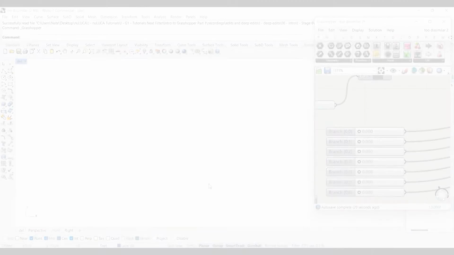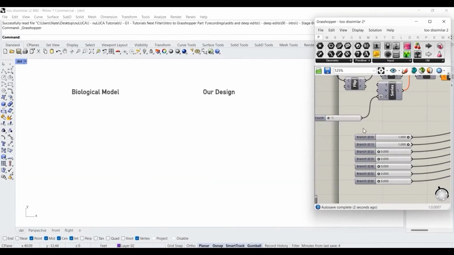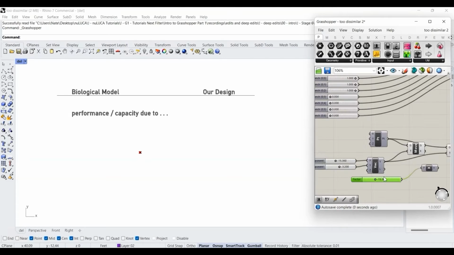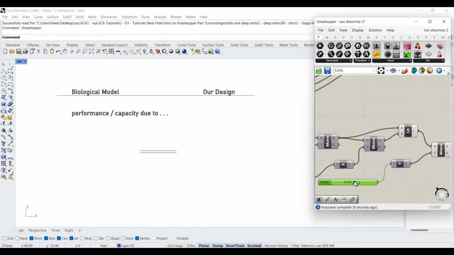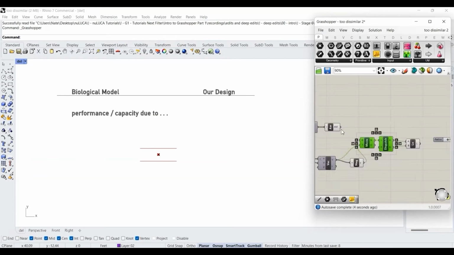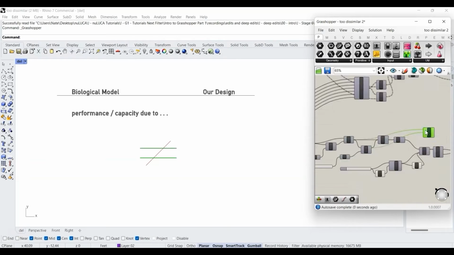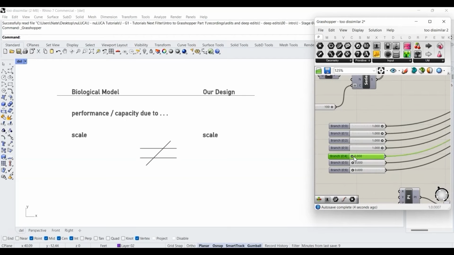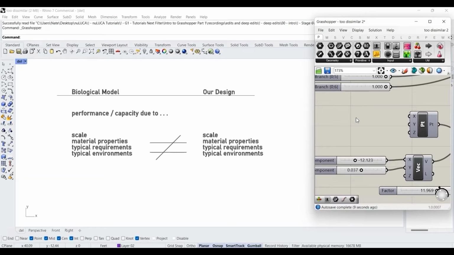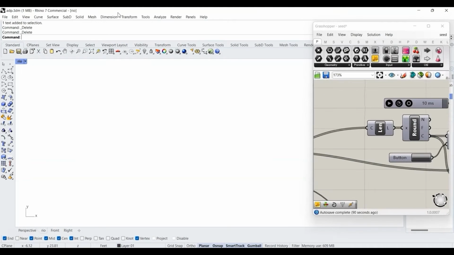And so a lot of times when we're trying to do biomimetic translations or trying to do biomimicry, trying to use something in nature as a model for our own design, we can oftentimes run into problems of scale or material or environments that are so different that it's very hard to decide what part of a design in nature would work in a human design. It's very hard to make that translation.